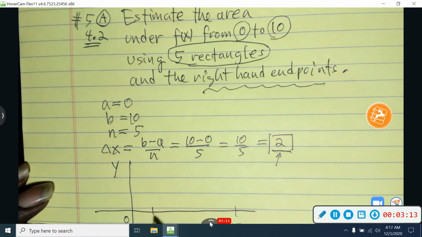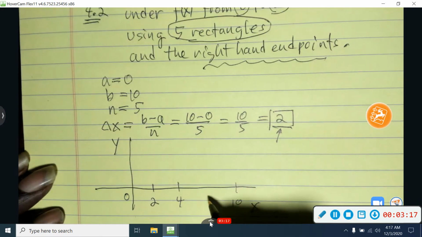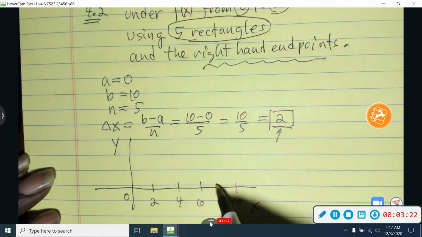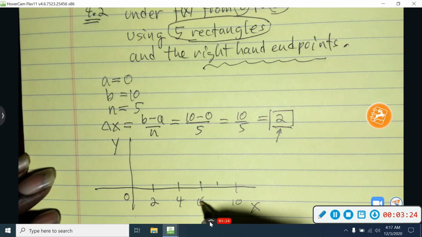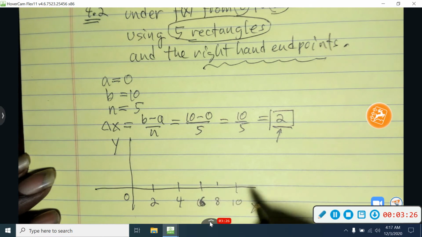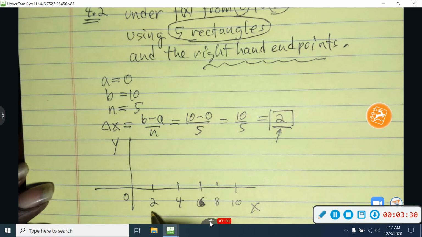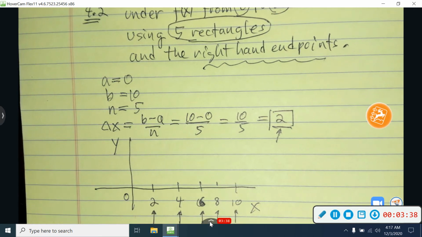So the first one is 2, add another 2, that's 4, add another 2, that's 6, add another 2, that's 8, add another 2, that's 10. So those are the endpoints you're using, and you're using the right-hand endpoint. So it starts here, goes here, and goes here.